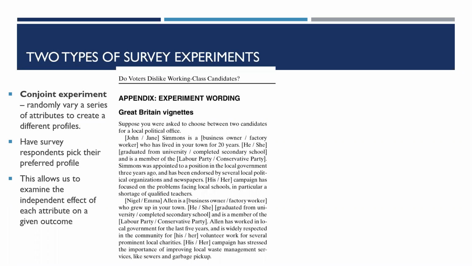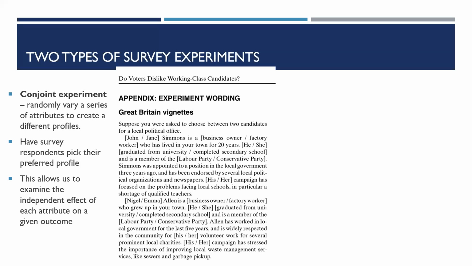And as you can see here, this is an example of what the profile in the Great Britain experiment might have looked like. They first start off by manipulating the politician's sex by using names, common English names, John and Jane, same last name. And then they manipulate whether or not the hypothetical candidate is a business owner, so someone from a white collar background, or a factory worker, a working class blue collar politician.